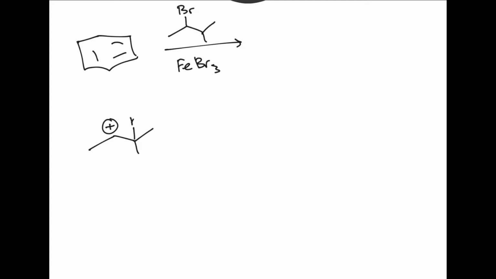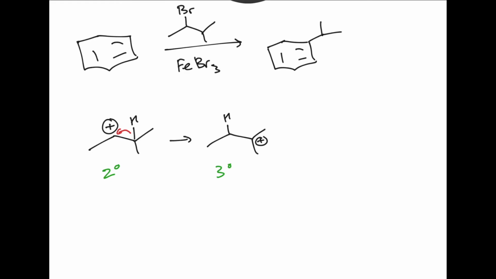In this case, I can move a hydrogen. So I go from a secondary carbocation to a tertiary, which is more stable. Now my benzene ring is going to add to the tertiary carbocation, and I'll make that.